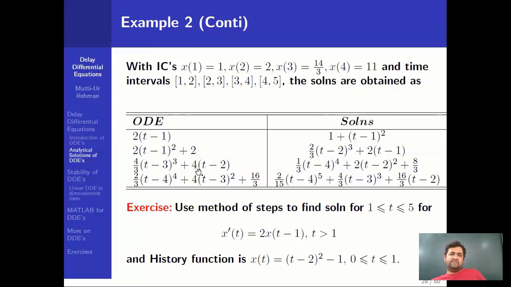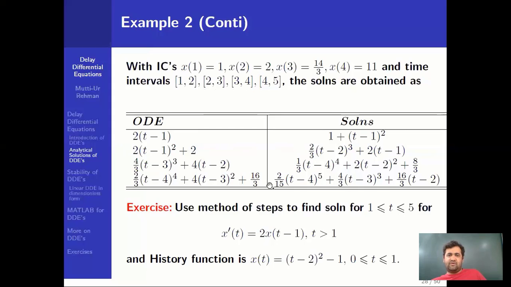So for instance, if I take this interval, since my history function for this interval is a constant, then for this particular interval, my ordinary differential equation is in this particular fashion. Then my solution will appear in this particular fashion, and you can move from interval to interval, and you will get your required result.